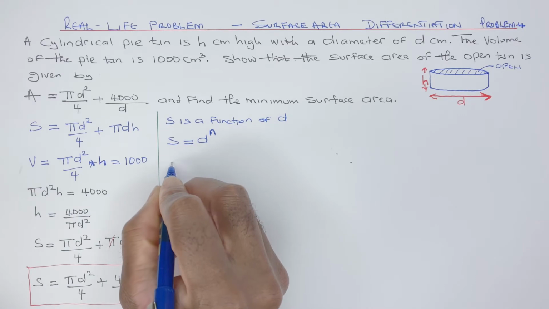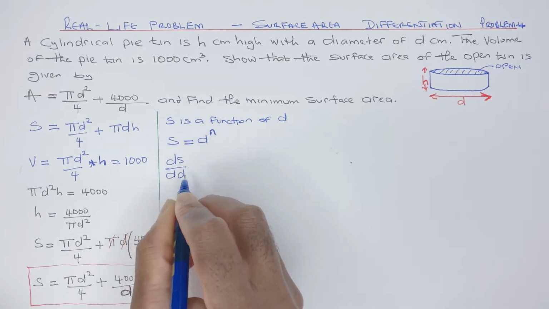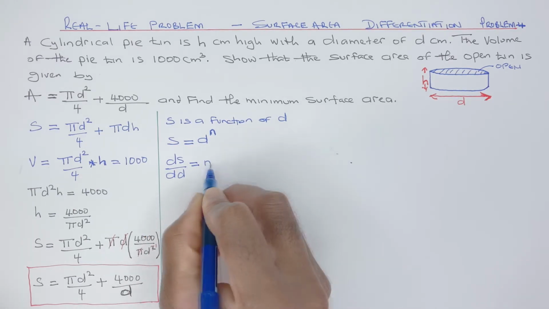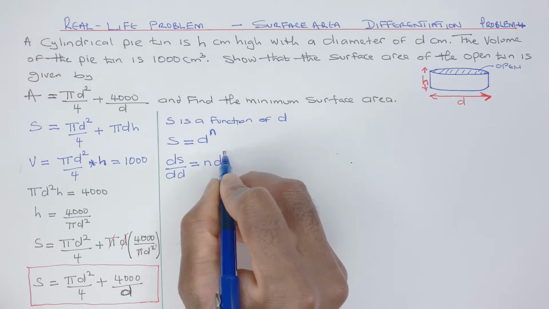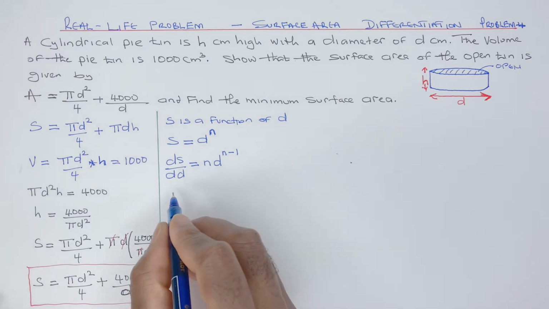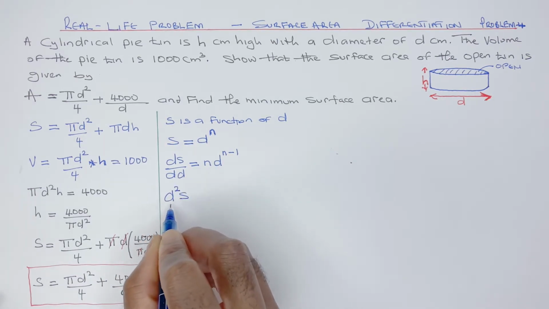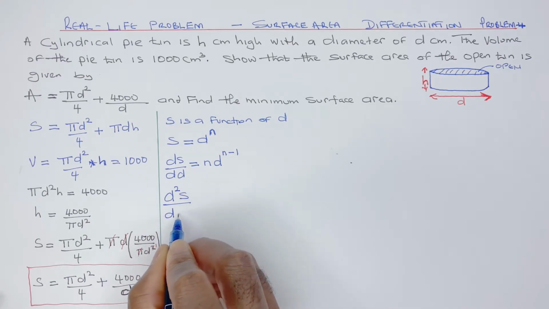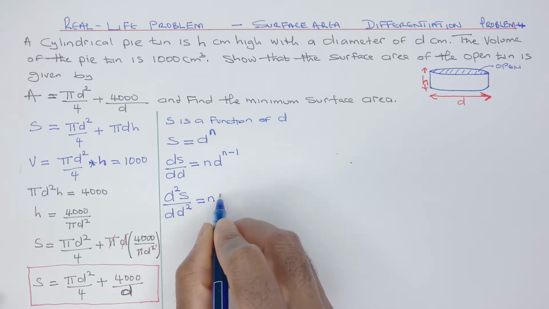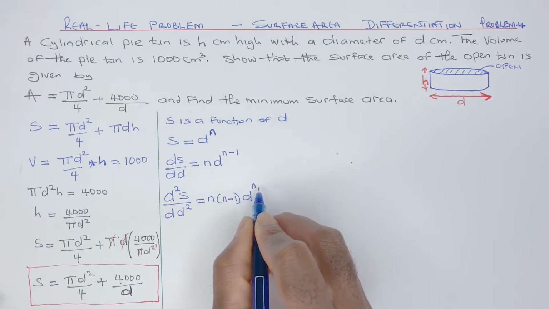We can then say dS over dd, where d is the variable here, will be equal to n d to the power n minus 1. And also, if we're going to find the second derivative, we can write d squared S over d d squared equals n times (n minus 1) d to the power n minus 2.